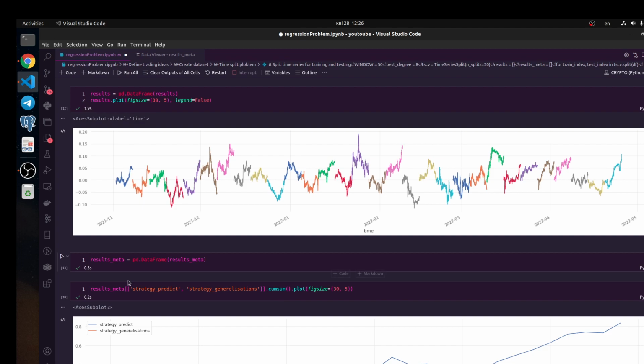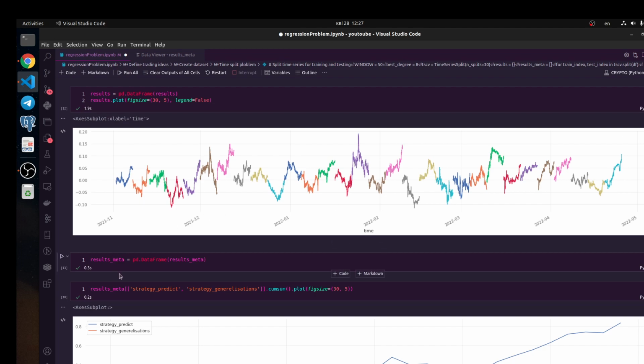Okay, so let's look at the cumulative return over this whole period. For example, we run our strategy 30 times. I think that's big enough to analyze whether it's working or not.